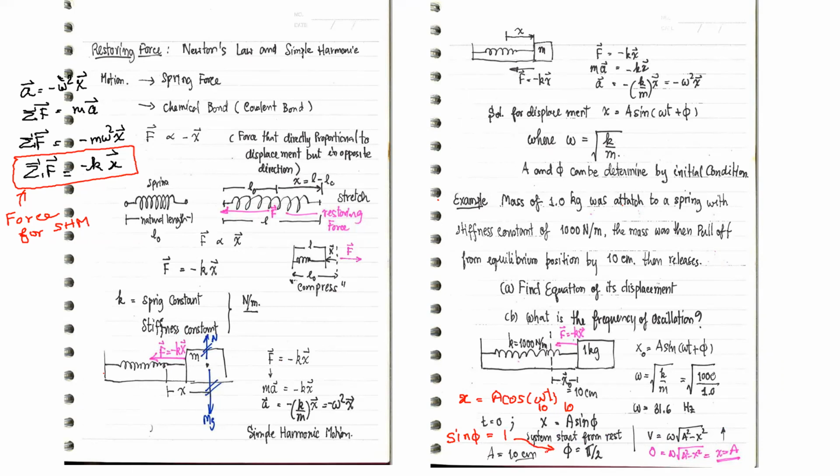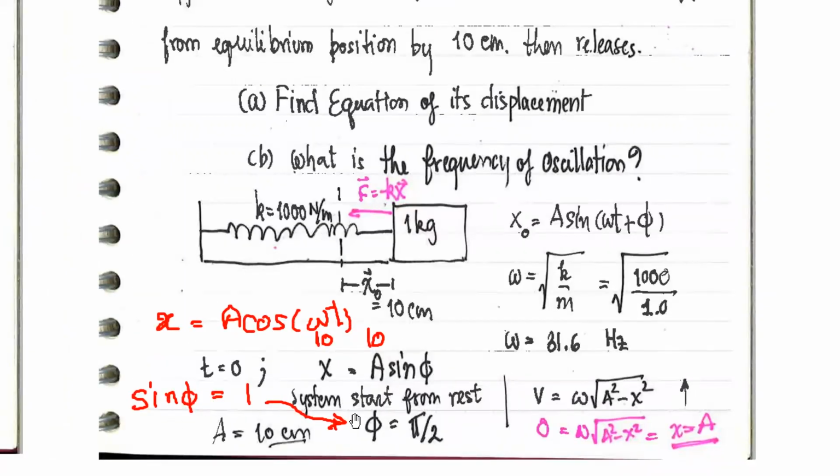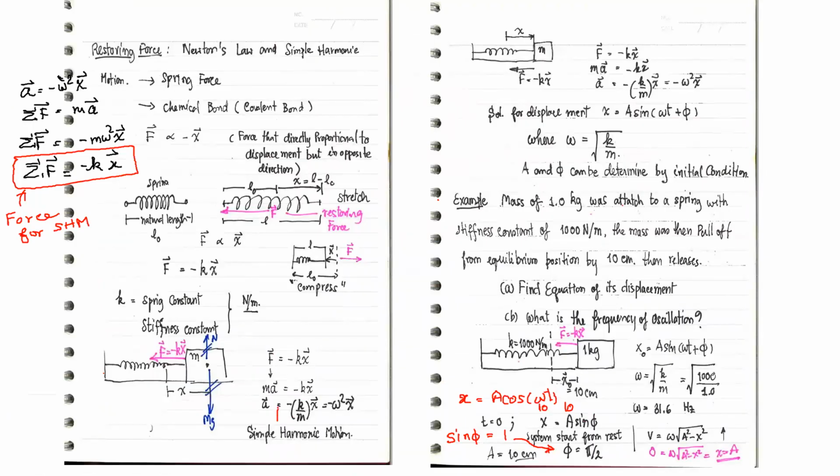The angle that gives a sine of 1 is pi over 2. So the actual equation is x equals a sine omega t plus pi over 2, or you can say that it is a cosine omega t. Okay, I hope that explains this situation.